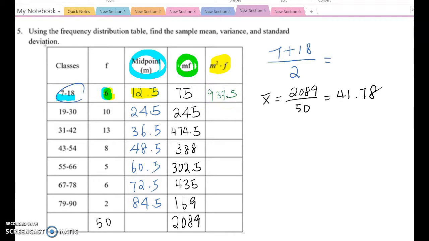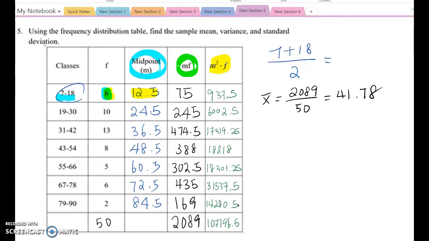In the same way, please pause this video, find all the other values, and come back to this video. If you calculate that, you will get those big values and the total sum becomes 107196.5 here.